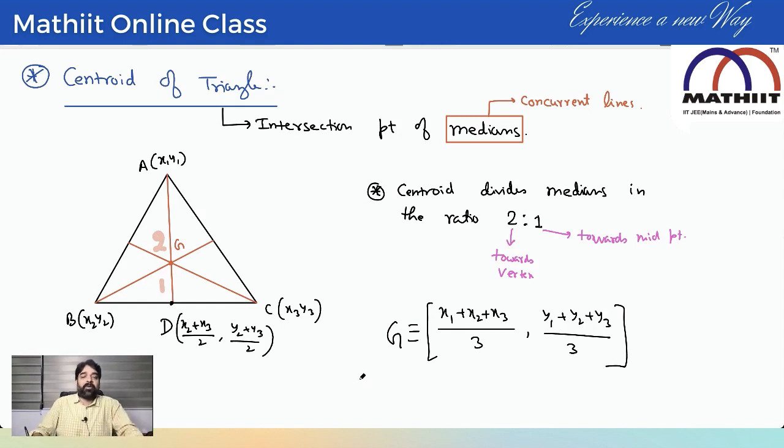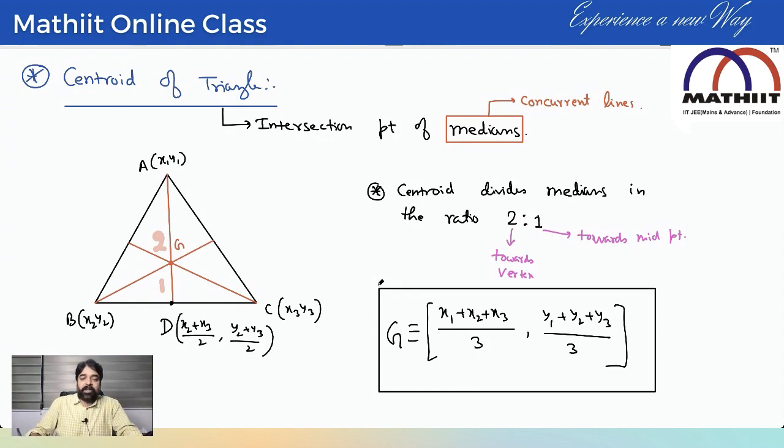This is the formula for the medians. Centroid of a triangle, if its vertices are (x1, y1), (x2, y2), (x3, y3), will be given by ((x1 plus x2 plus x3) by 3, (y1 plus y2 plus y3) by 3). I'm sure it's clear to everybody. This is the medians formula.